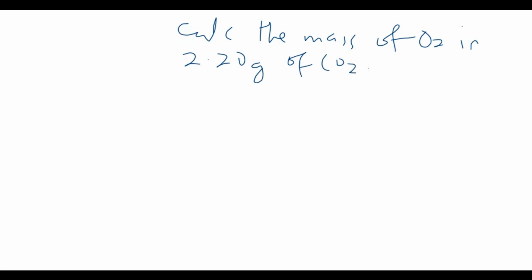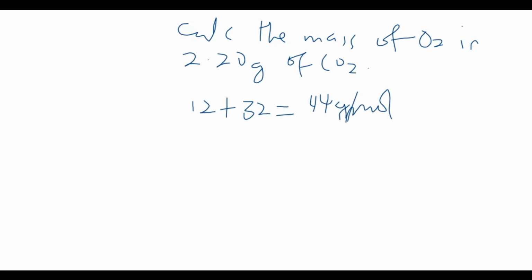Calculate the mass of oxygen in 2.20 grams of carbon dioxide. We have been looking at carbon dioxide for some time now. We know that the molar mass of carbon dioxide is going to be 12 plus what? 32, which is 44, okay, grams per mole.